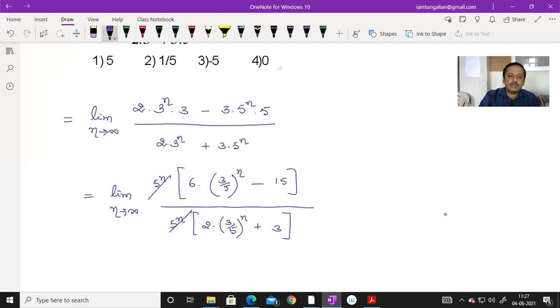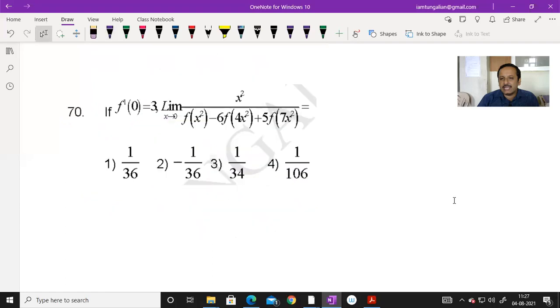Limit n tends to infinity. I'll take 5 power n as common. So if I take 5 power n as common, here what will remain? 2 into 3 is 6, into 3 power n by 5 power n, I can write that as 3 by 5 whole power n. Minus 15 will remain. 5 power n we have taken as common factor.